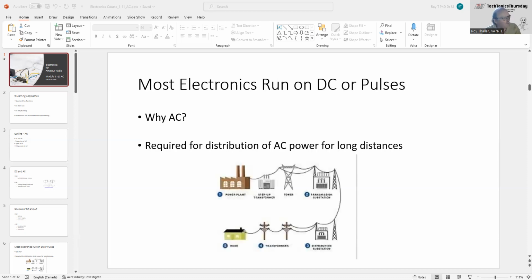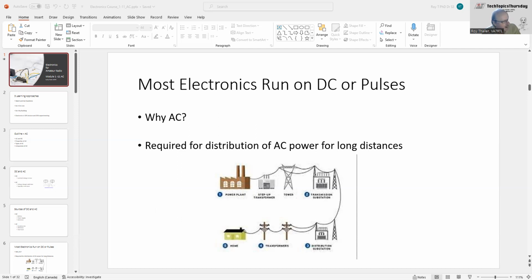Now, most of our electronics run on DC or some sort of pulses of DC. So why do we actually need AC? One of the things here is that it's required for distribution for long distances.